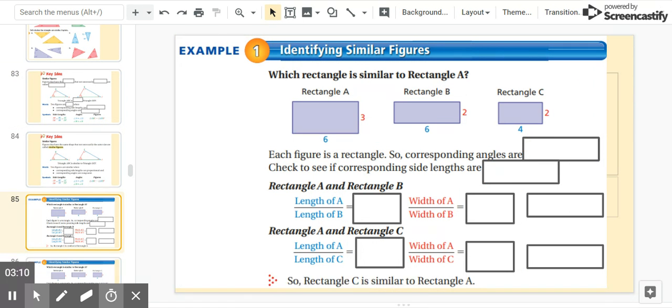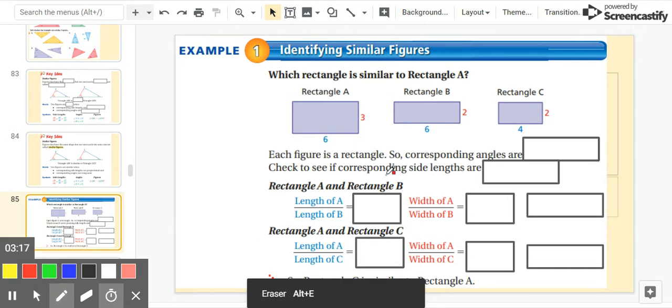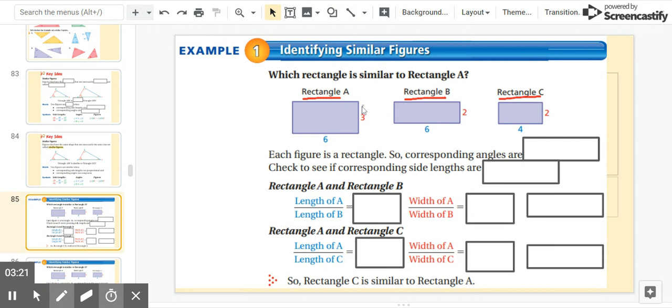So number 1, look at the example. Which triangle is similar to triangle A? So we have rectangle, rectangle, rectangle. A rectangle has all 4 right angles, right? So I need you to put a little square on the corners.